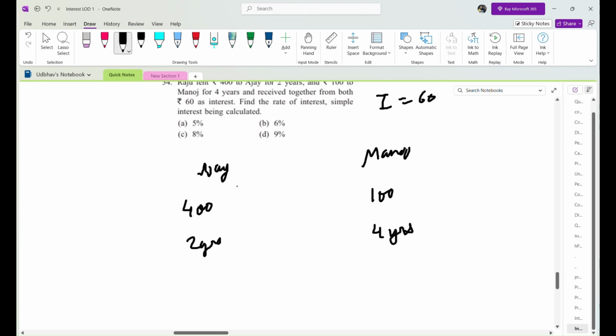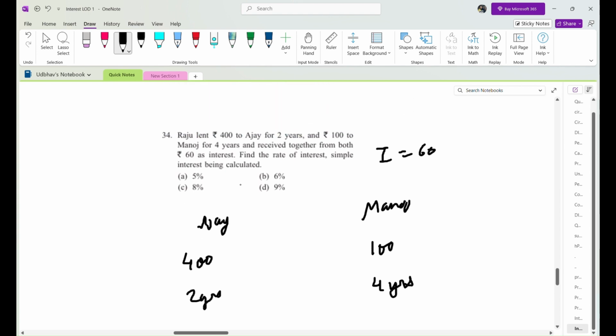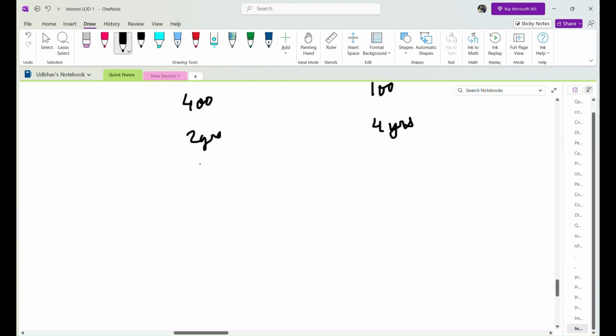So okay, we are going to assume that the rate of interest for both of them was the same, because nothing is given, so we will assume that it is the same.